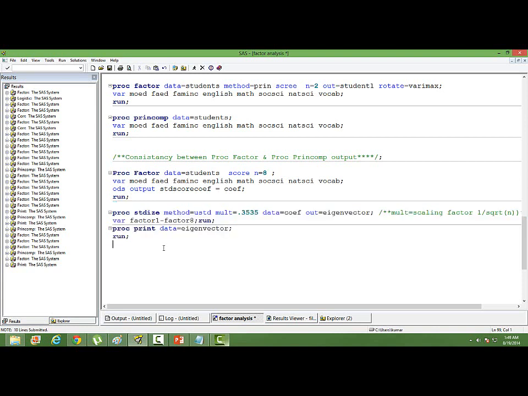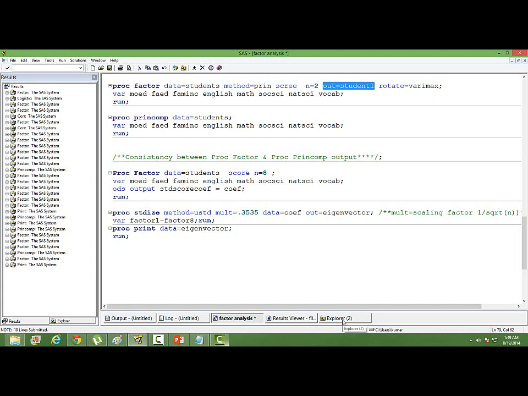Hence the conclusion is that instead of using 8 variables, you can use the 2 principal component scores that you have saved in your data set. Here in the student 1 data set, you have saved your principal components. If I want to categorize students into good and bad, I can take my dependent variable, student underscore type.